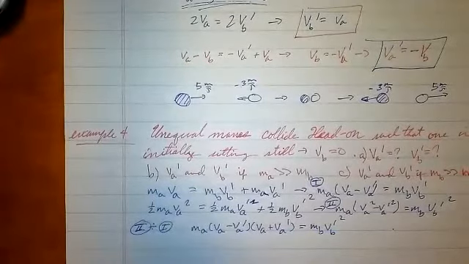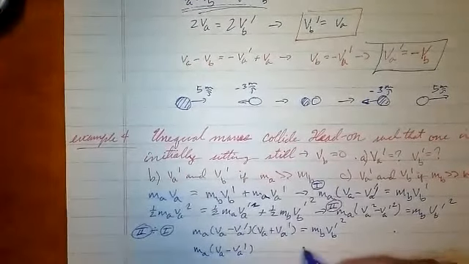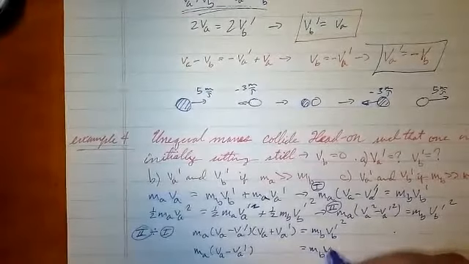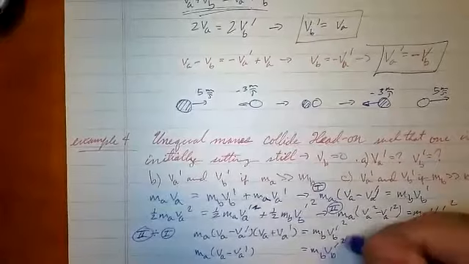So that's equation 2. Equation 1 is going to be MA times VA minus VA prime, and that's equal to MB VB prime. Excuse me, just plain VB prime.